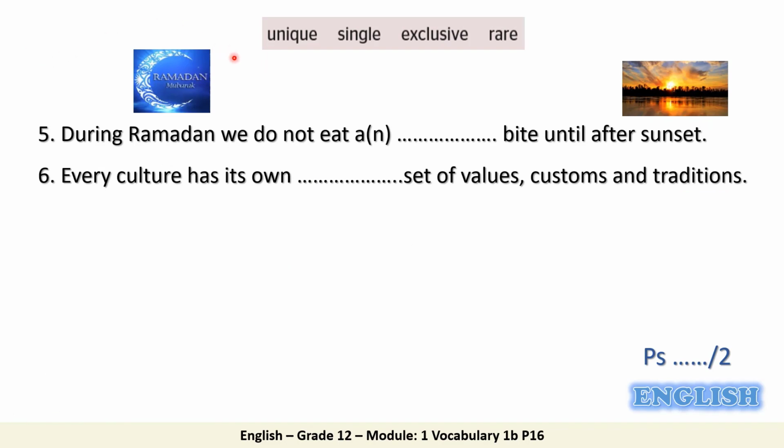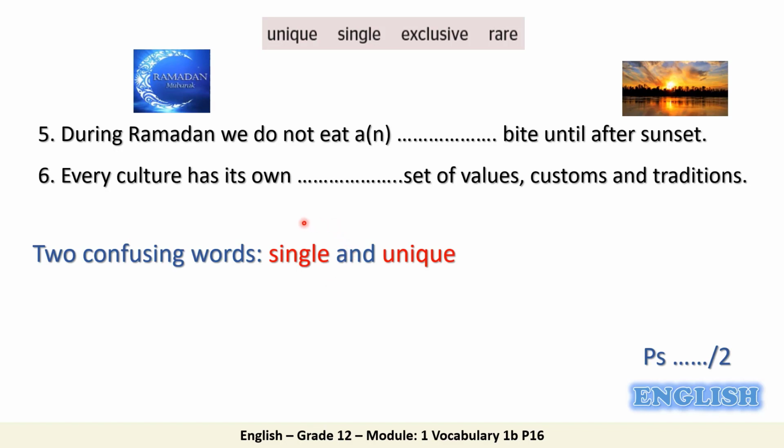Okay, you must have used the dictionary to study the difference between unique, single, exclusive, and rare. You also must have prepared your answers to questions 5 and 6. Okay, if you haven't done so, please do. Then continue. Number 5: during Ramadan, we do not eat a bite until sunset. You need to think of the difference between single and unique to use in these two sentences.